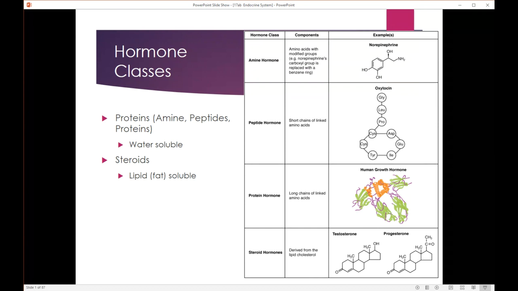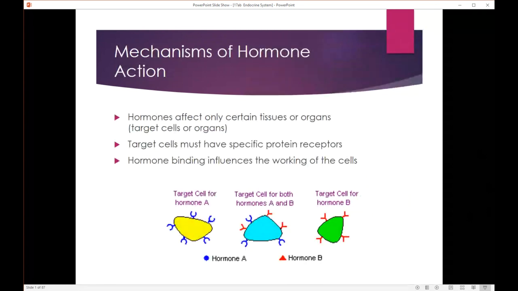Whereas the steroids are considered lipid or fat soluble, or water insoluble, okay? Meaning that if we put them into water, they would not dissolve. The steroid hormones that we most often talk about are testosterone, progesterone, and estrogen. These are our sex hormones, and they are always going to be steroid hormones.